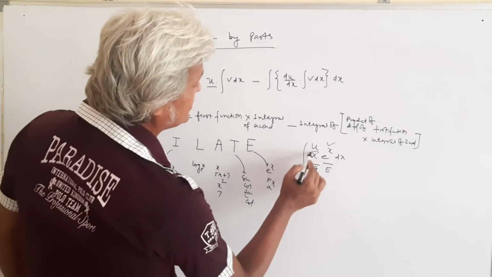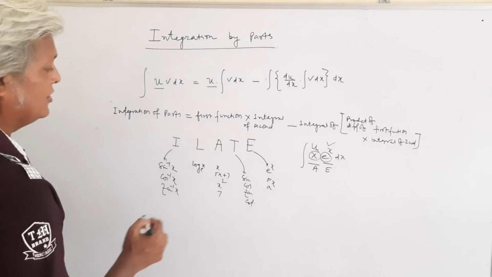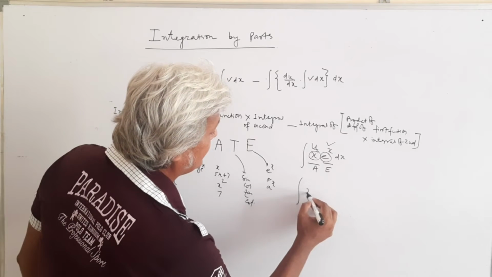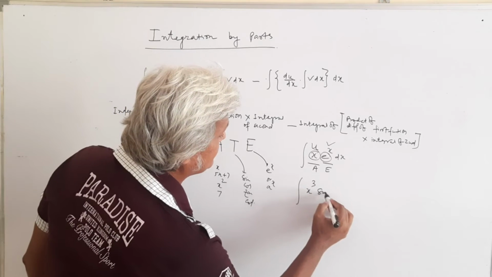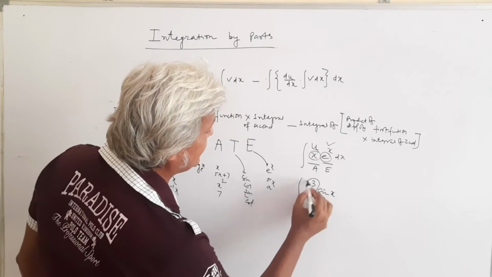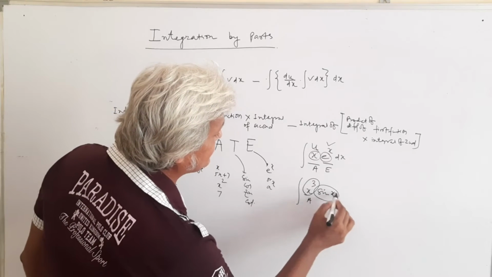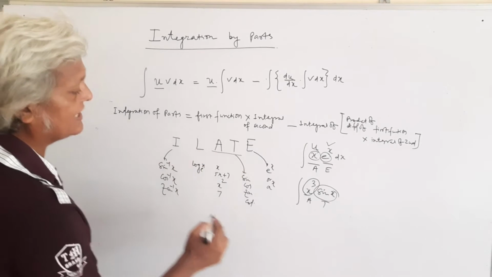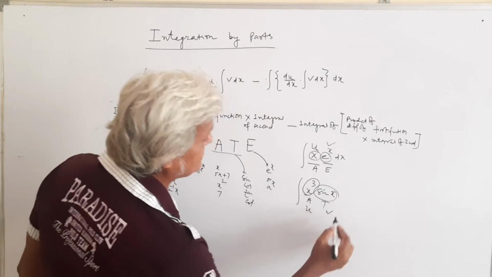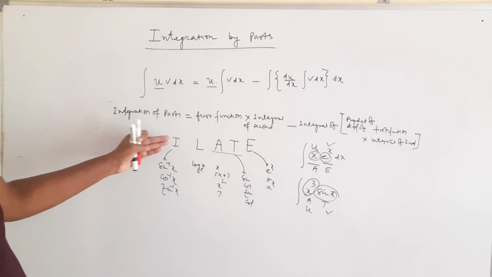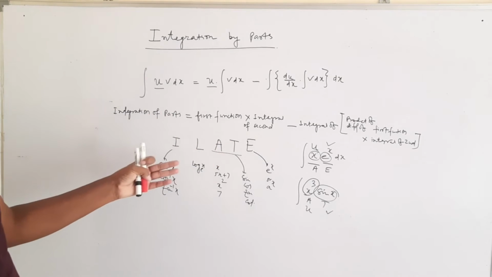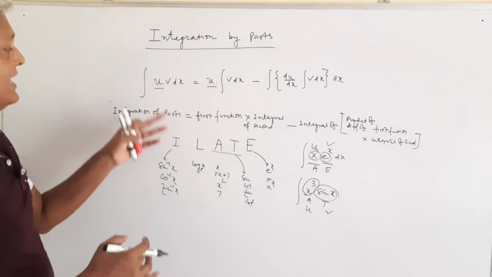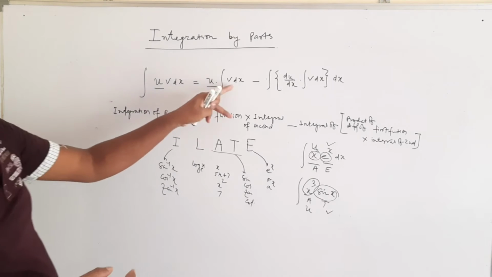When you have the integral of x to the power 3 sine x, x cubed is algebraic and sine x is trigonometric, so AT: A is first, T second, so this is your u and this is your v. On the basis of ILATE, we determine which function is u and which is v. u is our first function, v is the second function.